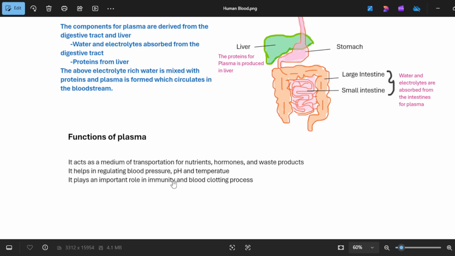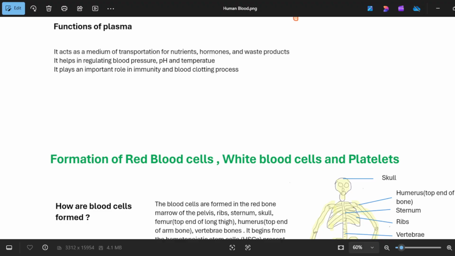Immunity is from the globulins, which we were discussing, one of the proteins produced by liver, that helps in fighting infections. And for the blood clotting process, fibrinogen, which is again a protein produced by liver, is present in plasma. That fibrinogen helps in blood clotting by forming a mesh on the injured site. So that's how the plasma functions.